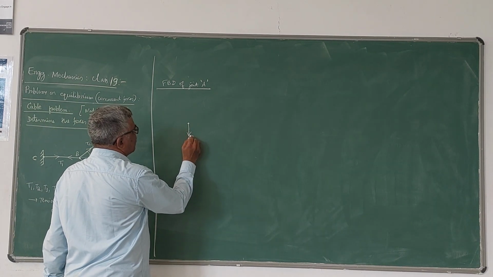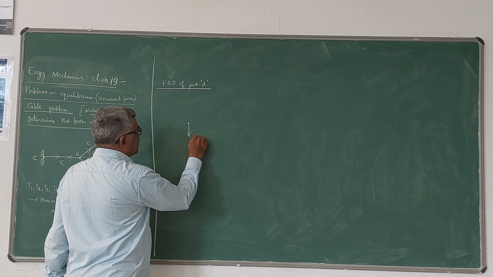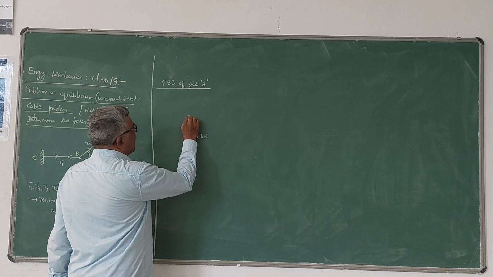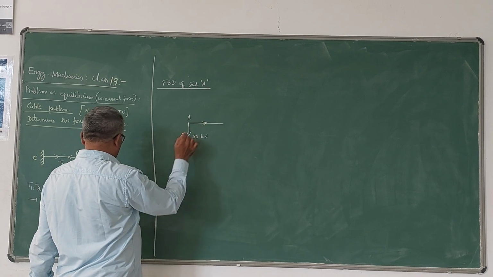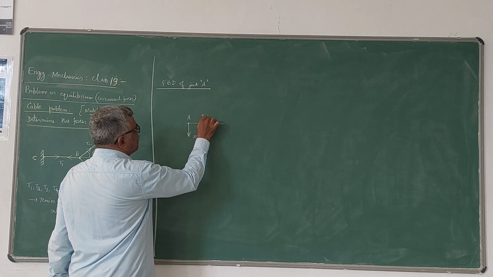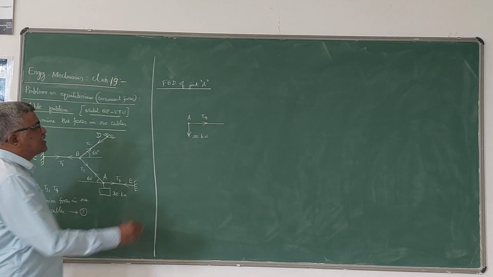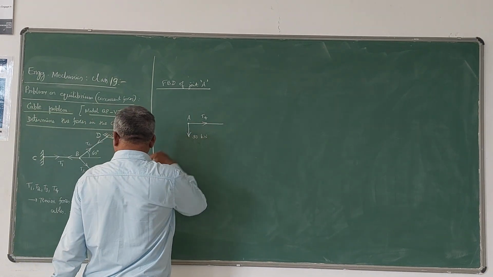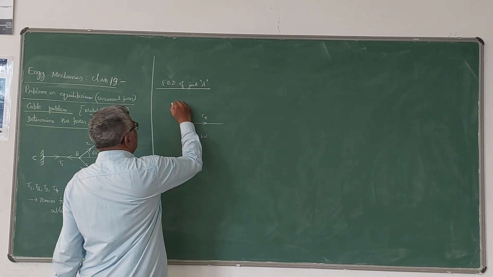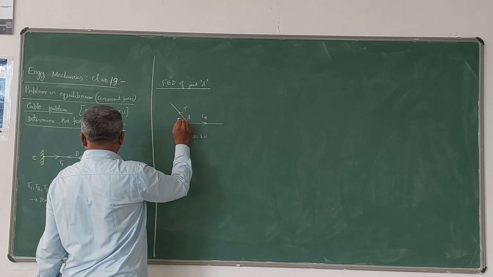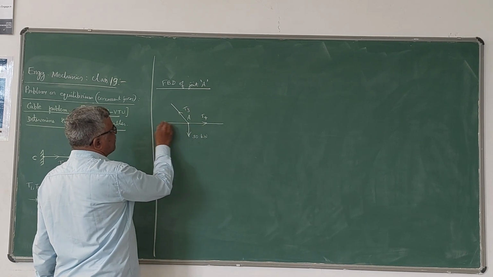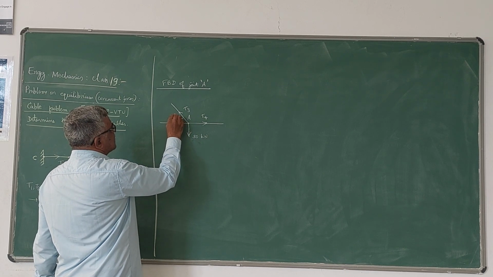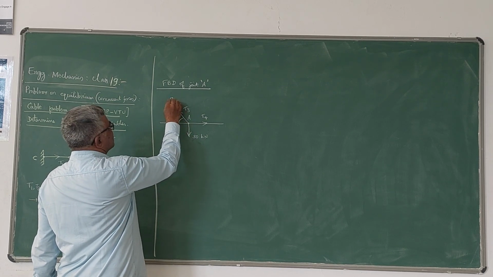So let me write the joint A FBD. You have a vertical load of 30 kN at A, and AE is a horizontal cable. So in that cable you have a tension force of T4 acting away from A like this. Then at AB you have a tension force away from A, T3, acting like this. Of course this is making an angle of 60 degrees with the horizontal.